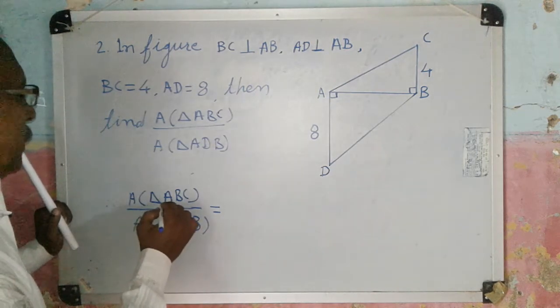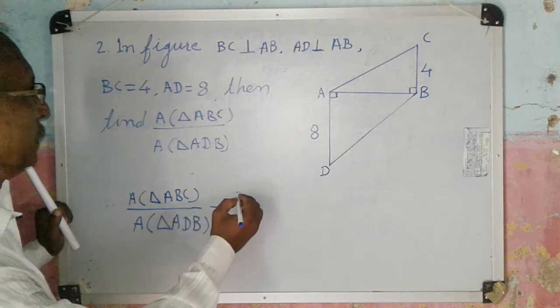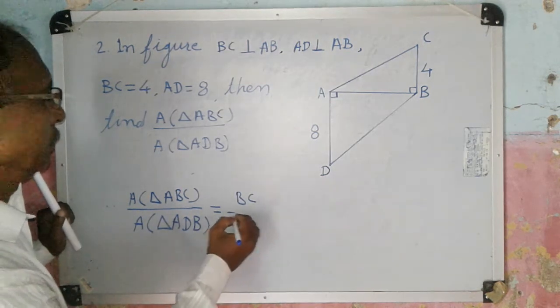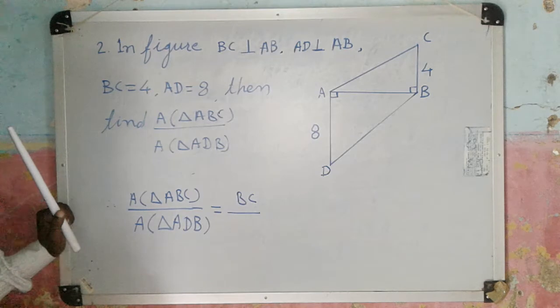That means height of triangle ABC is BC upon height of triangle ABD is AD.